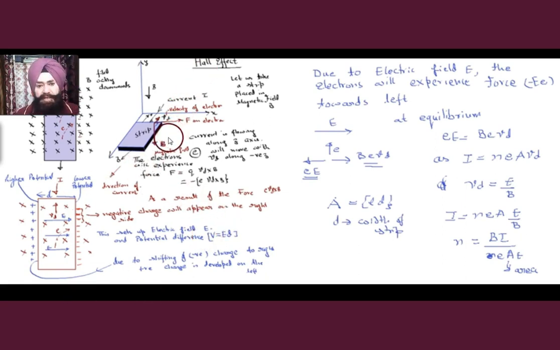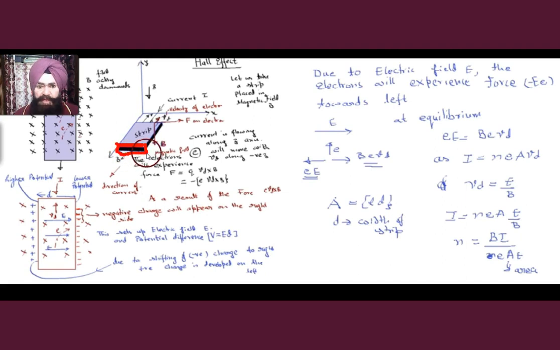This area, what is this area? This distance is how much? The cross-sectional area has to be taken through which the current is flowing, okay?